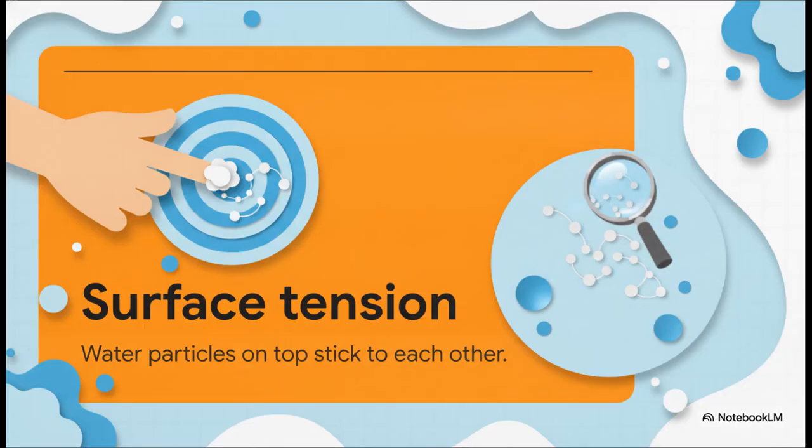Now I want you to mentally freeze frame the action right at that exact split second the soapy finger touches the water. Let's just pause, zoom way in, and check out the invisible physics going on right before the reaction even happens. See, water has this crazy property called surface tension. All that really means is that the water particles sitting right there on the very top of the liquid actually stick to each other.